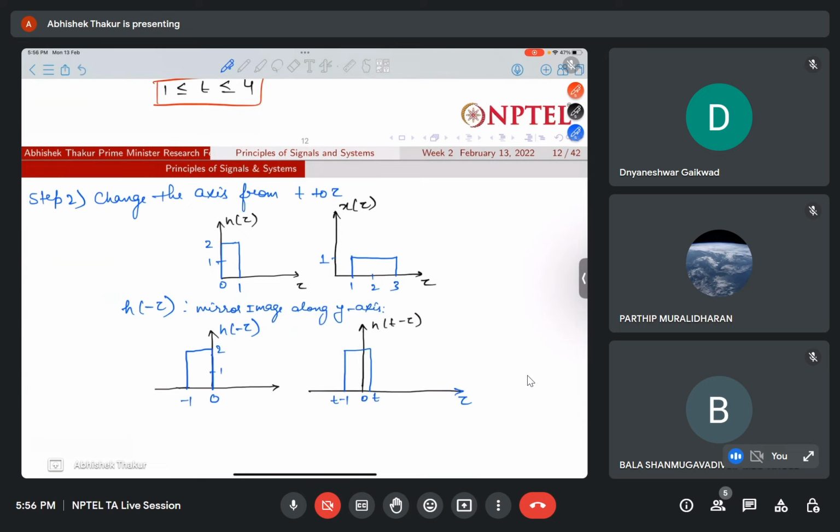This was our step 3 and this was our step 4.